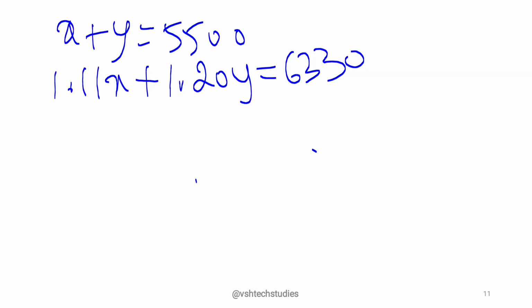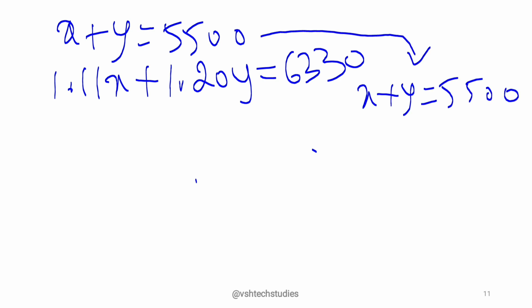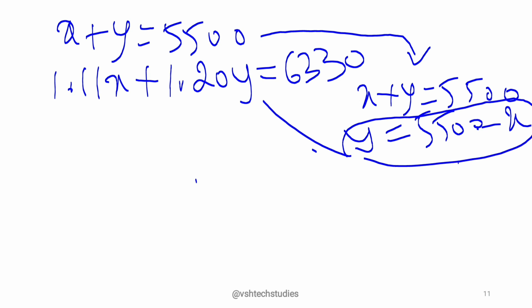Now taking the two equations: x plus y equal to 5500, and 1.11x plus 1.20y equal to 6330. From the first equation, keeping y on one side, it is 5500 minus x, since x goes to the other side and becomes minus x. So this y value we have to substitute here.